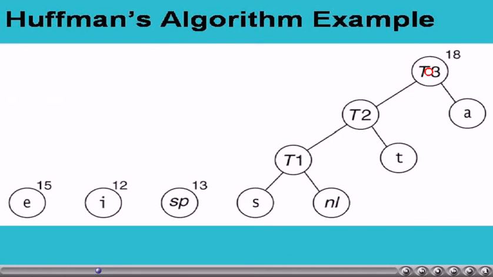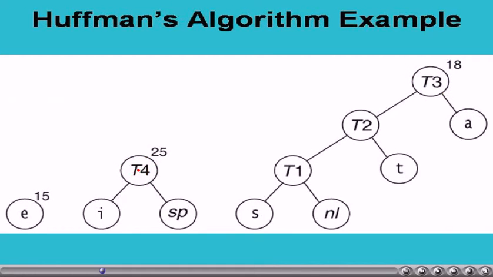The internal node T2 and the symbol with the next smallest frequency, that is A, are added. Thus, new internal node T3 is created. Its frequency is 18. The symbols I and SP are added, forming another new internal node T4. Its frequency is 25.